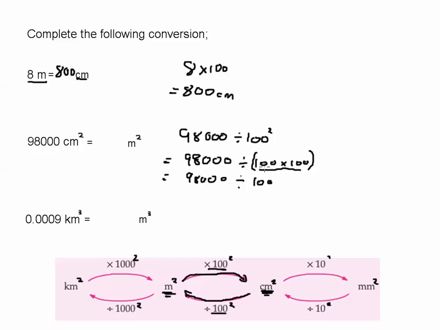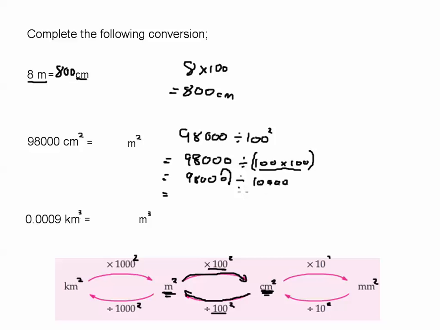So we've got 1, 2, 3, 4. So divided by 10,000, which gives us an answer here of, you put your decimal point at the back. So we know that's 98,000 with the decimal point at the back. You go across how many decimal places depending on how many zeros there are. So we've got 1, 2, 3, 4.